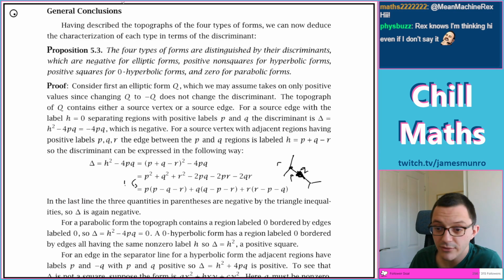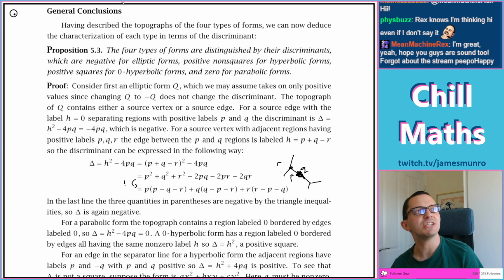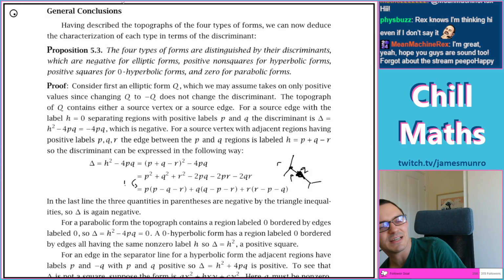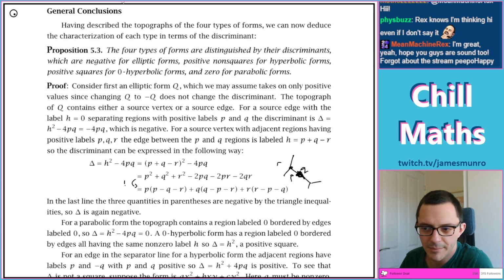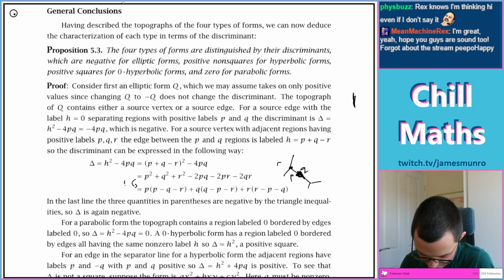Yeah, here we are. So looking at that elliptic form, think about source vertexes or source edges. Fair enough. Okay. With the label h equals 0, separating regions, source edge with label 0, followed by some other stuff going on. Positive labels p and q. I should draw it down here as well.